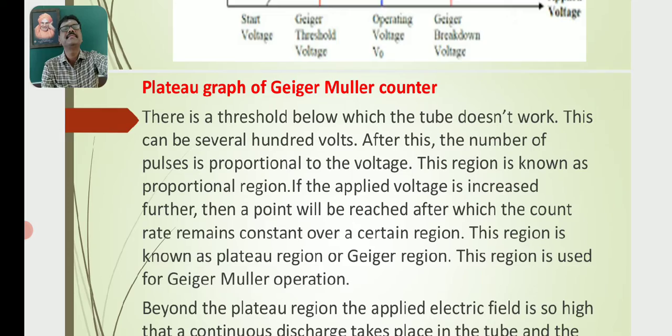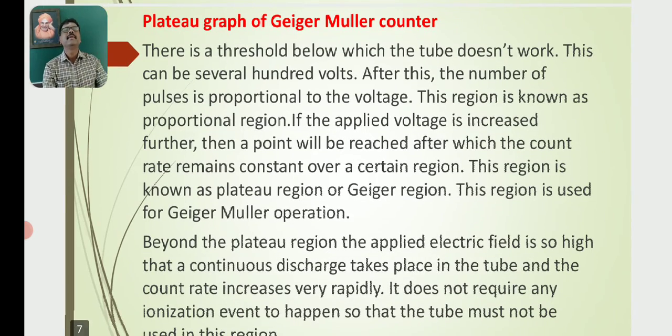So there is a threshold voltage below which the tube does not work. This can be several hundred volts. After this, the number of pulses is proportional to the voltage. This region is known as the proportional region.